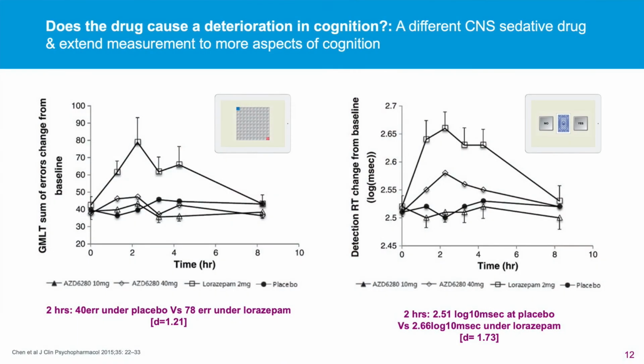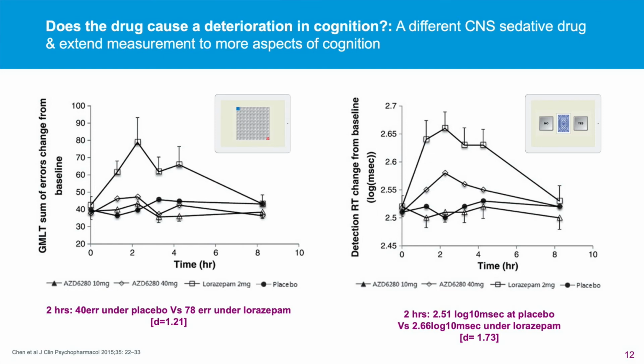We talked a little about the maze, and on this slide, in a different context, you're seeing the effect on the maze of an experimental drug that was being developed by AstraZeneca. Importantly though, what I'm going to focus on is what was used as an active control in this study, which is a drug called lorazepam, given at 2 milligrams, which is the therapeutic dose.